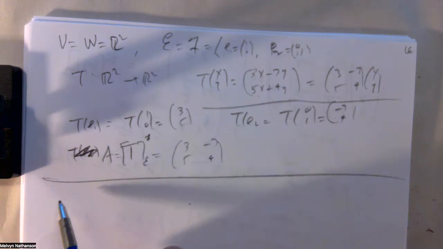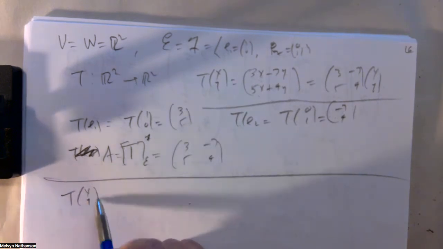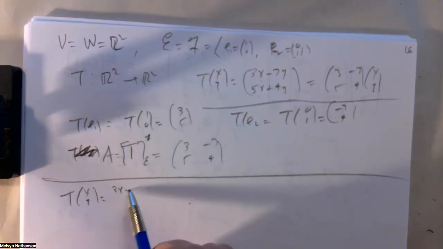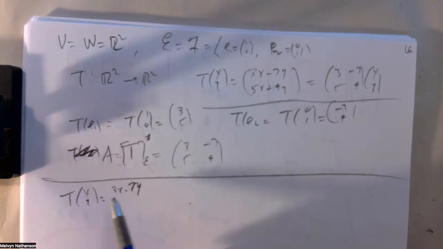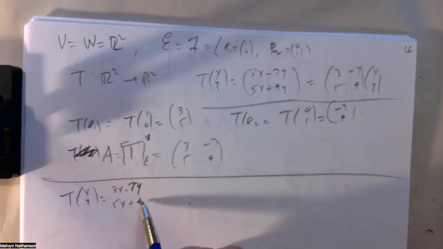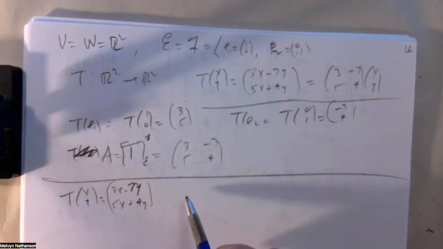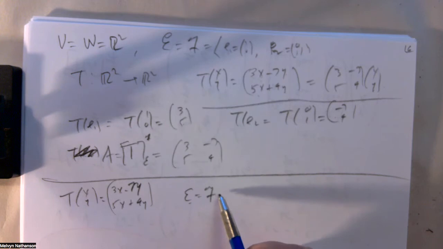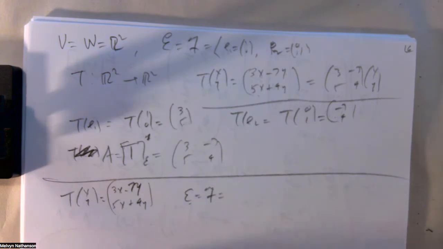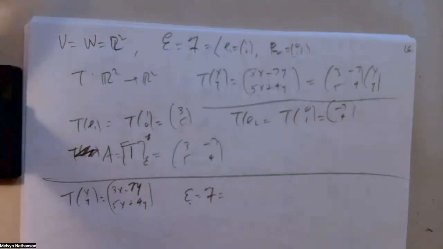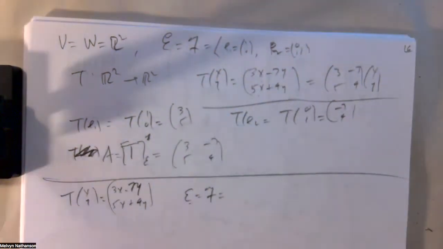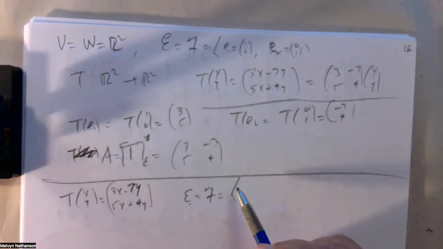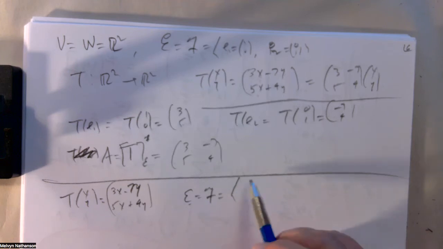So let's make it more interesting, if you like. Suppose we take the same linear transformation from R2 to R2. And instead of the standard basis, we take E and F in this case. Well, let's take the basis we were looking at a few minutes ago, which was (2, 3) and (1, 2).